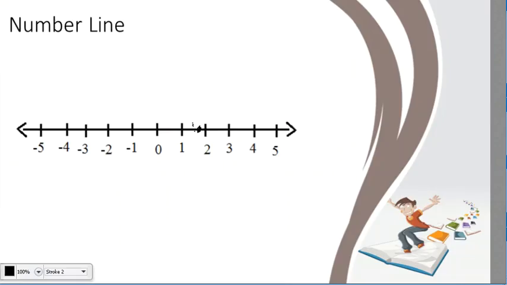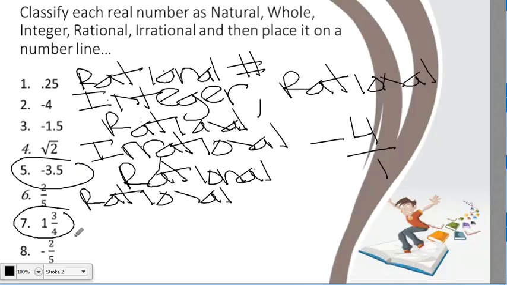And then our last one, -2/5. We know it's not natural, it's not whole. It is negative, but because it's not a whole number, it's not an integer. Okay, remember integers are the whole numbers and their opposites.